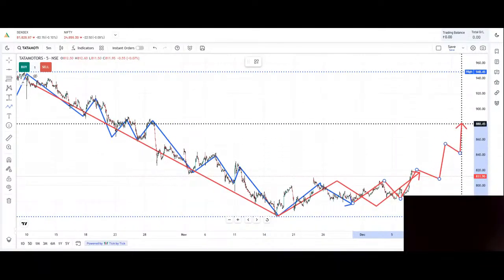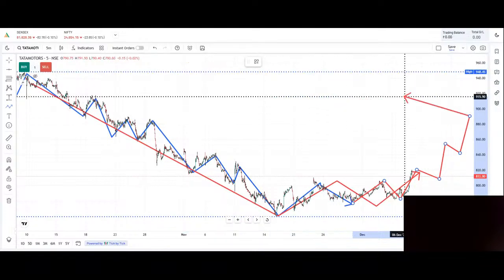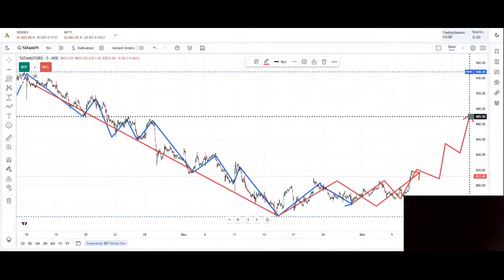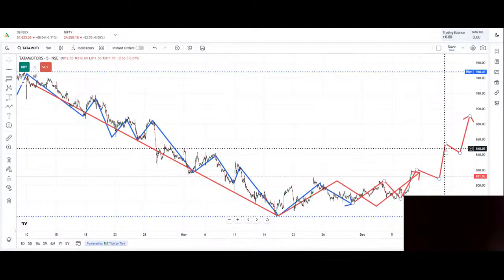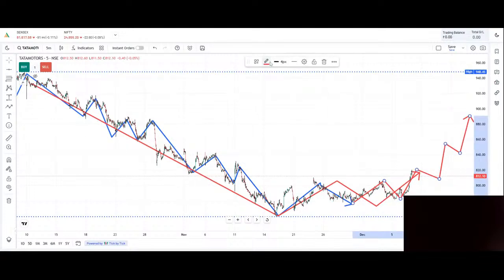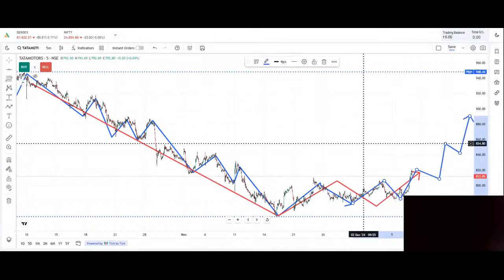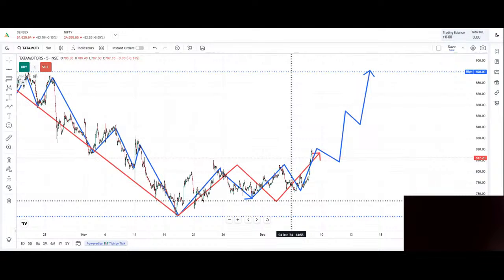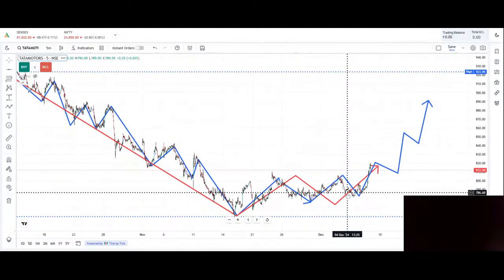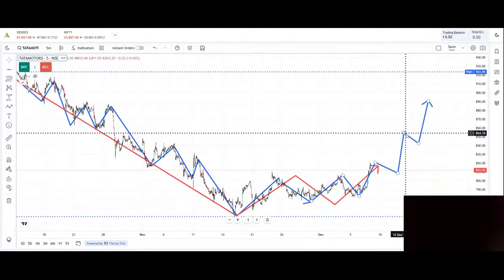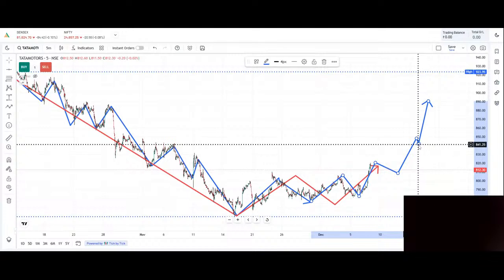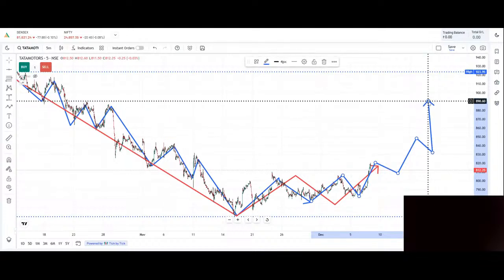I'll just mark it once. This is not the exact one. It is just an appreciation of how the stock is going to behave. That is what I feel.